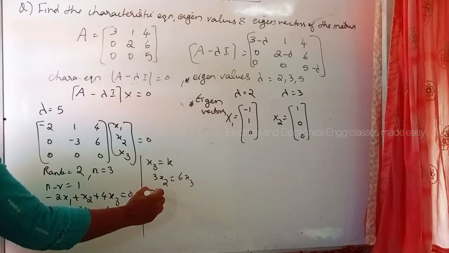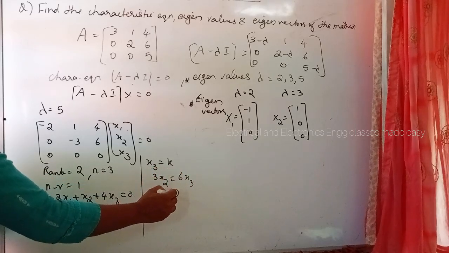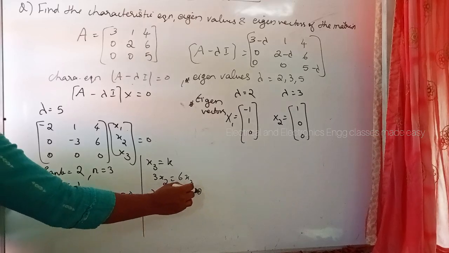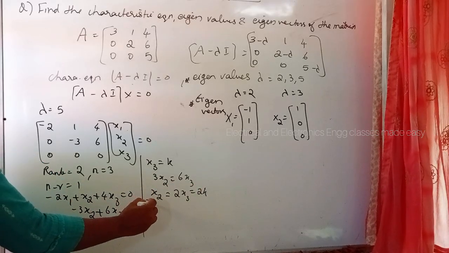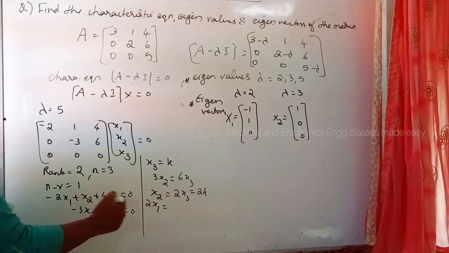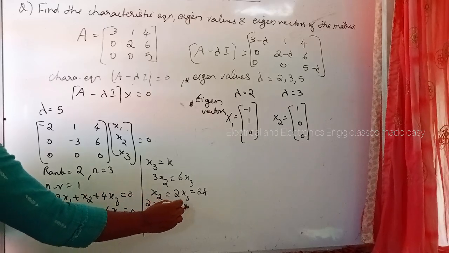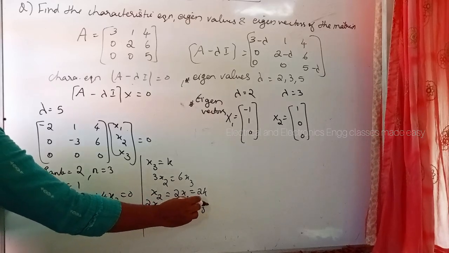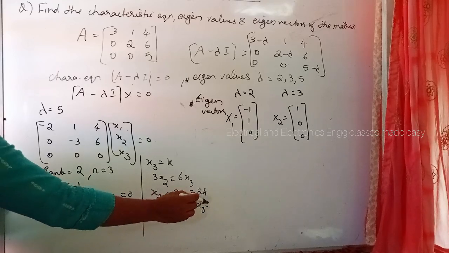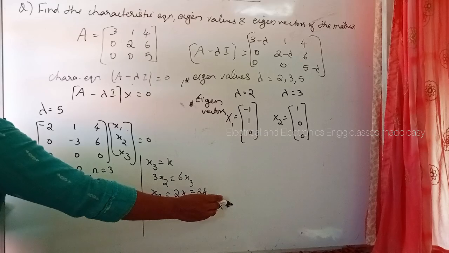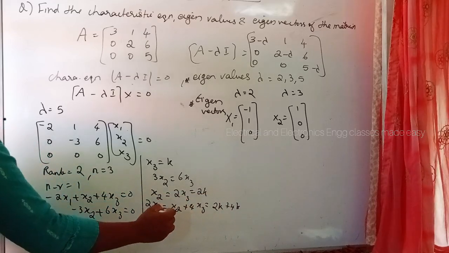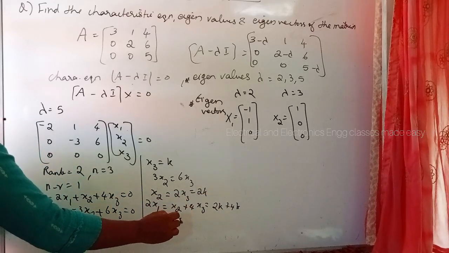Then what will be x2? So x2 is equal to 2x3, that is 2k. Then from the first equation we can write 2x1 equal to x2 plus 4x3, that is 2k plus 4k, that is equal to 6k.